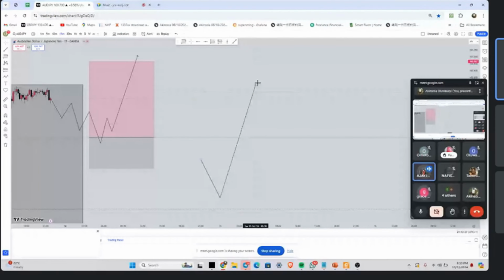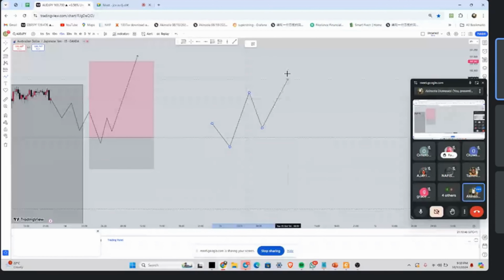I said it's not possible for the market to just start like this and move like this, though there are times that is very possible. But the most ideal thing is you see a retracement, an impulse, retracement, impulse, retracement, then impulse.